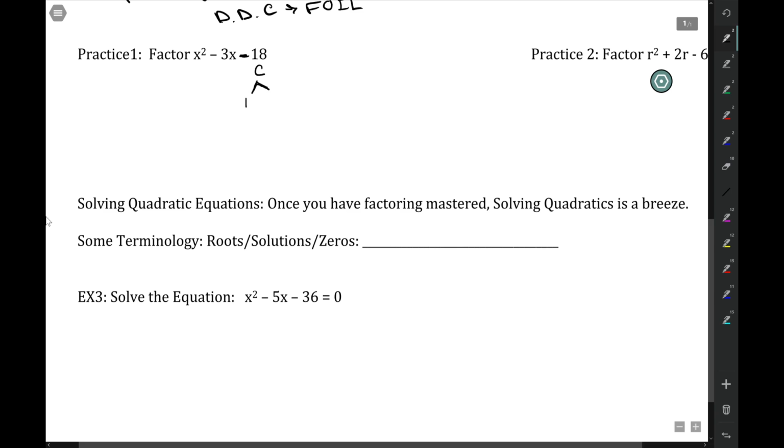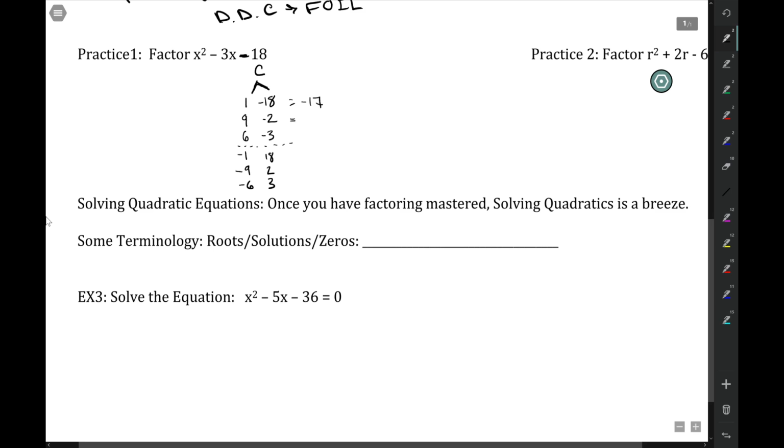Just think 1 and negative 18, 9 and negative 2, and also 6 and negative 3. On the other end of the spectrum, negative 1 and 18, negative 9 and 2, and negative 6 and positive 3.